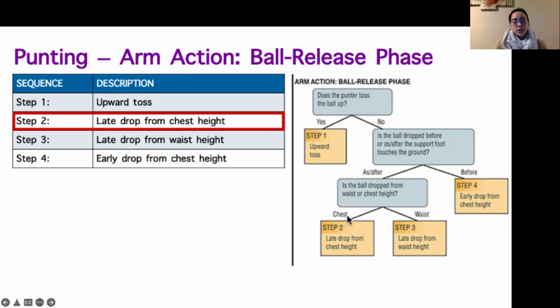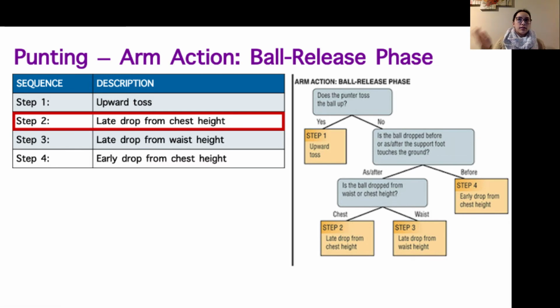So if we have a drop from chest height, it's considered a step back from if we had dropped from the waist, because it's dropping late from the chest, there's further distance for the ball to fall.